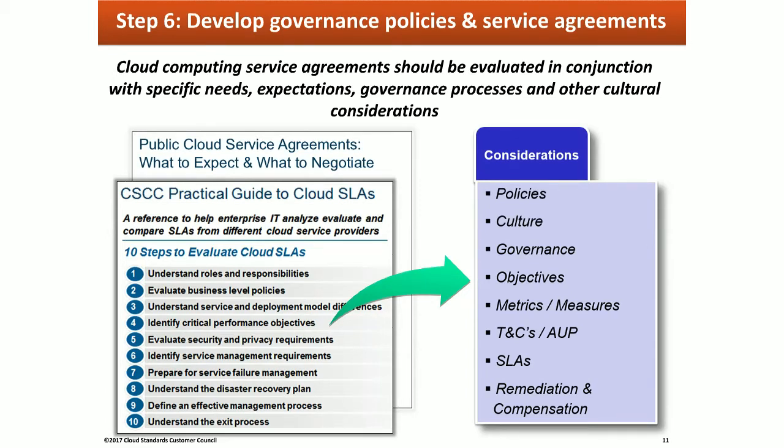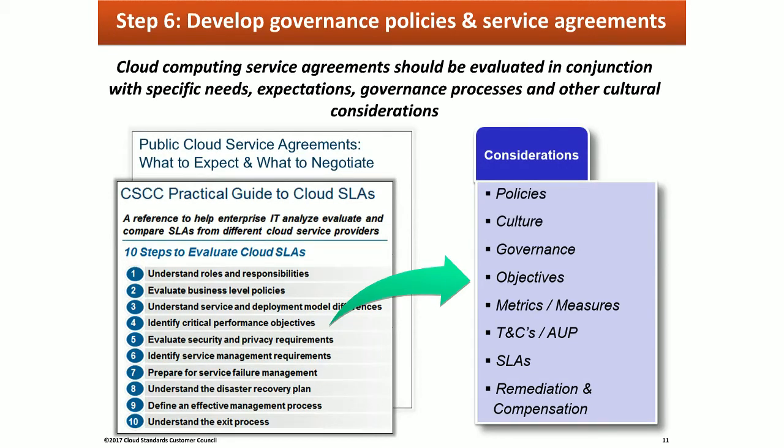You may ask the question of if there is a security problem, how do they report those things to you, and how do those security problems get resolved? So again, all sorts of factors that you need to build into your consideration of the governance of the cloud services that you're going to use.